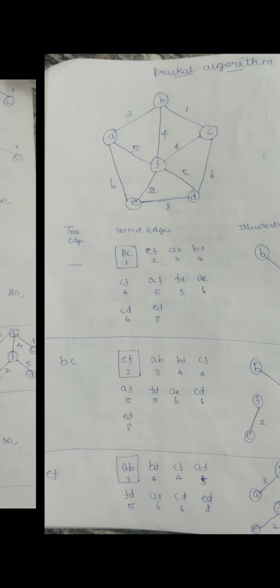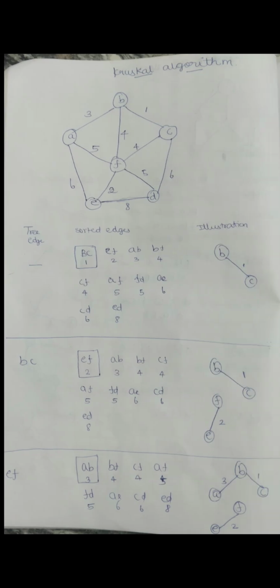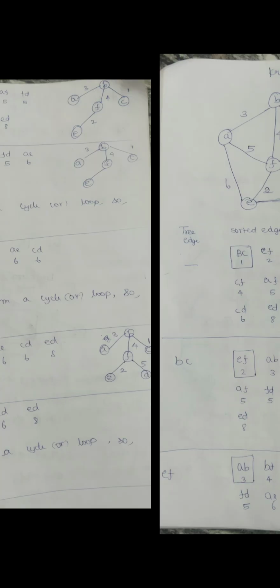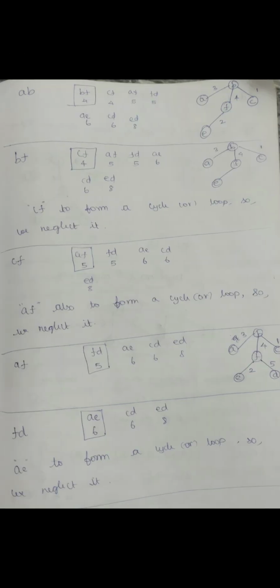After that, AB is a visited node, so it adds to the tree edges. And then BF has weight 4. Does BF form a loop? No, it does not contain any loop. So we add B and F to the tree. And then BF is a visited node, added to the tree edges.